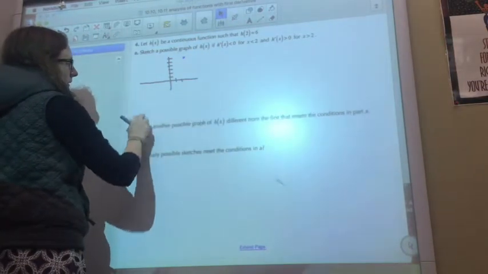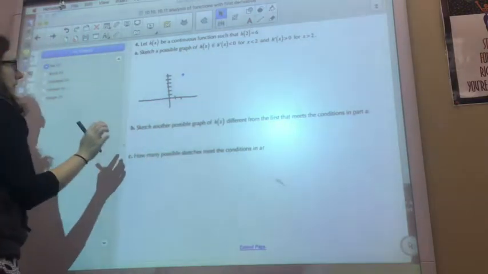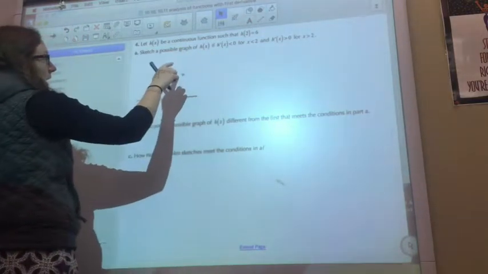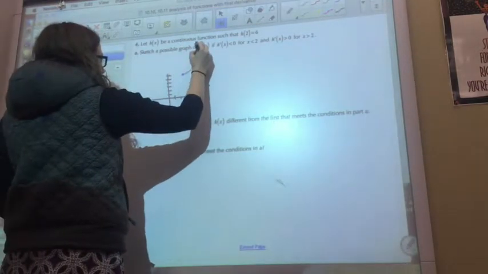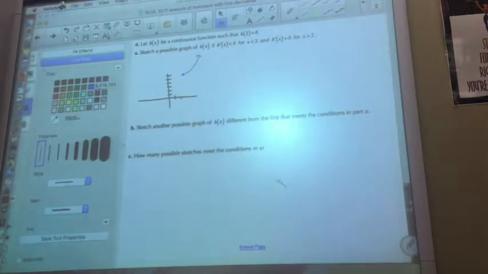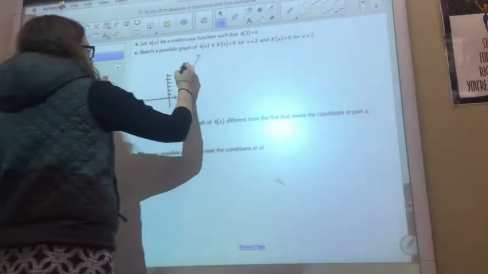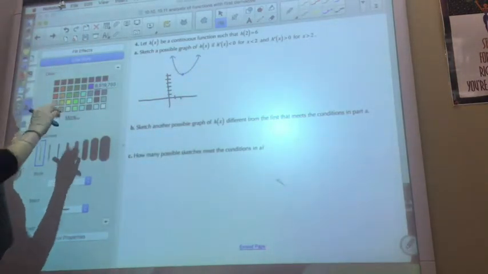And then I had it increasing on the right side of that point, like a parabola. And then on the left side it goes up also, so it's a parabola here. So you drew it like a parabola like that? Yeah. Okay, so let's check and see if that works.